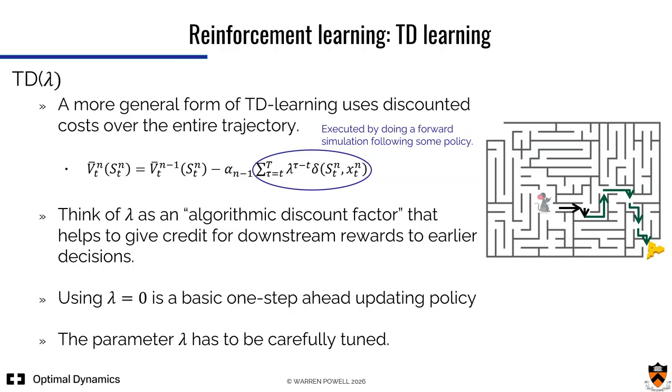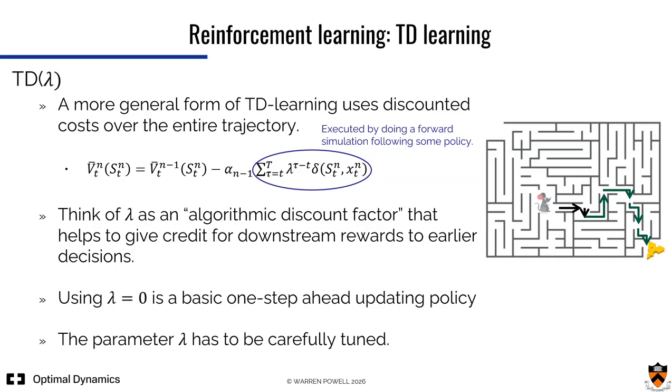So what they did was to say, well, instead of just going one step out, let's maybe use our quote-unquote current policy to simulate all the steps that I would make downstream. So now that I have a whole sequence, and at each of those downstream steps, I will get another temporal difference. Now, let's roll that up with a discount factor lambda.